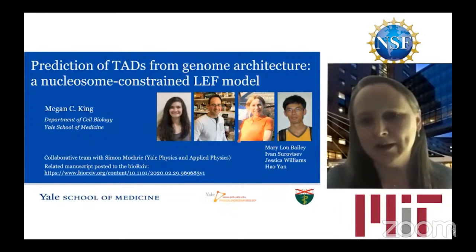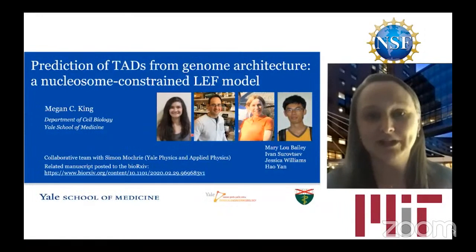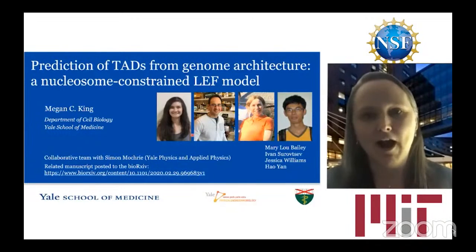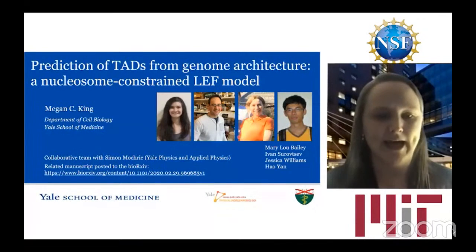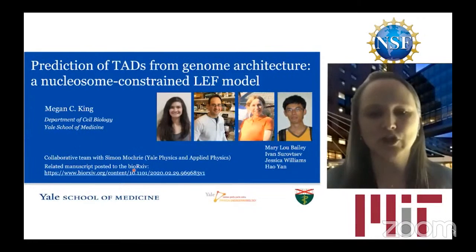I'm just showing up front the pictures of the amazing team who have contributed to this project and really worked hard to bring together our biological data, which is predominantly my contribution to this work, with simulations that have been carried out in Simon's lab. Also, just before I begin, I want to point out that the work I'll be describing today was recently deposited on the bioRxiv, so you can go back and look more at the data there if you're interested.